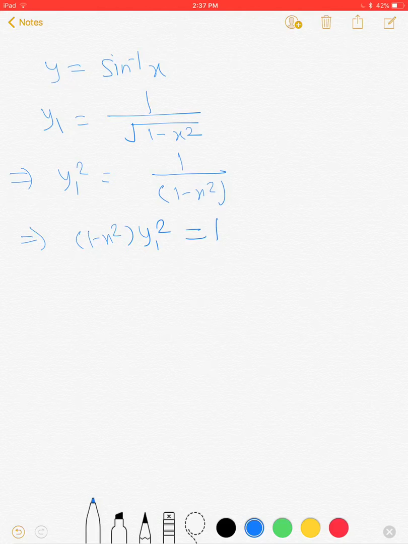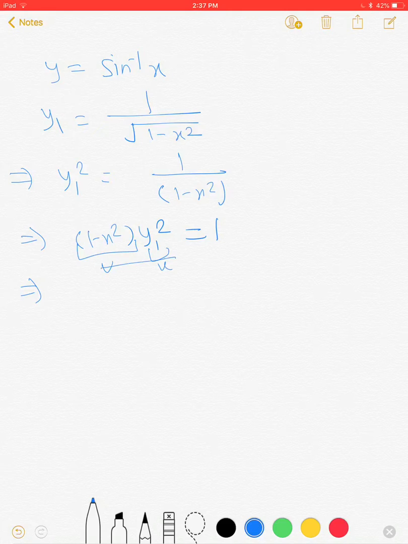If we differentiate this function again, obviously we are choosing this as v and this as u, because we choose the v function such that its derivative vanishes as early as possible, and 1 minus x square is a polynomial, so its derivative vanishes earlier. Actually here there is no need to apply the Leibniz theorem, because the options are only up to the second derivative.